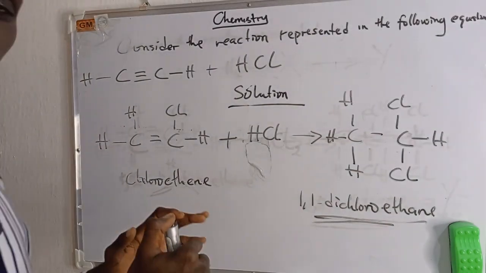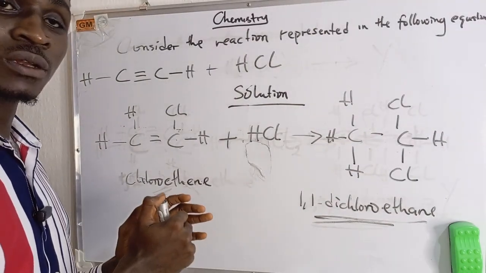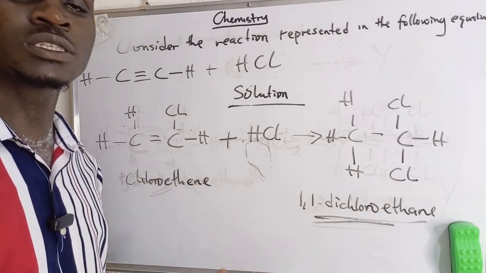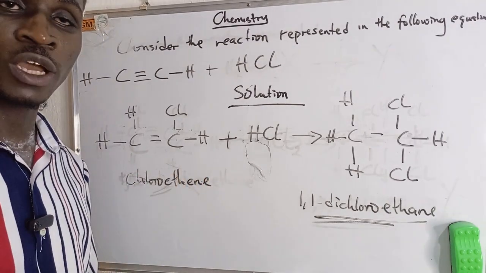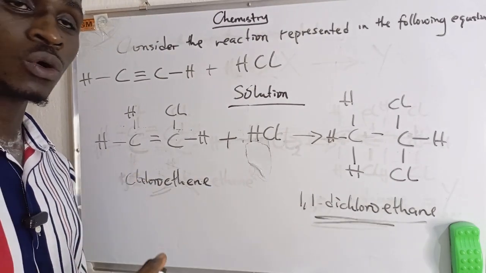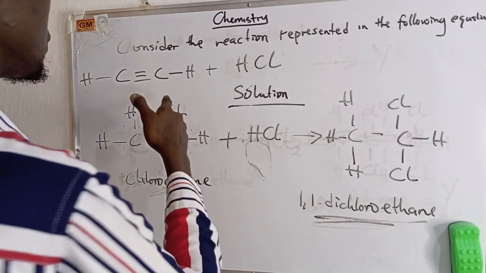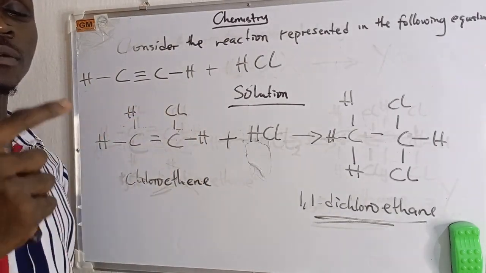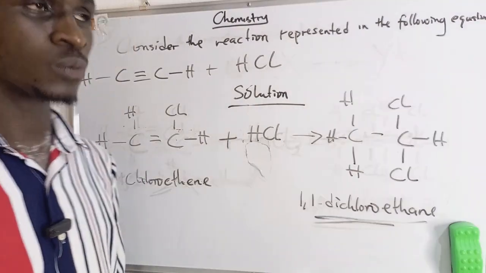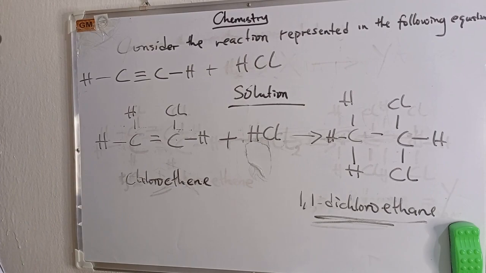Now, when you use these two particular catalysts at a specific temperature, say 60 degrees Celsius, it will control the whole experiment and enable the addition of water to ethyne.